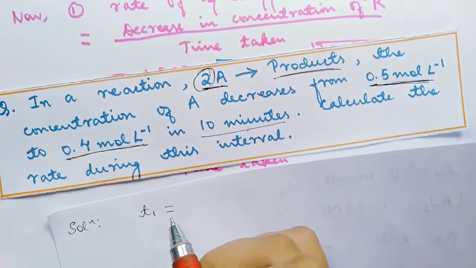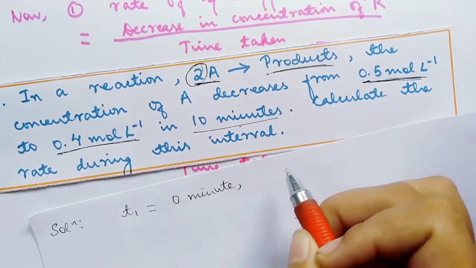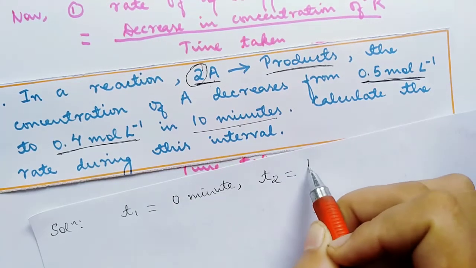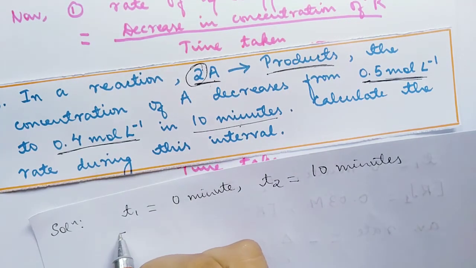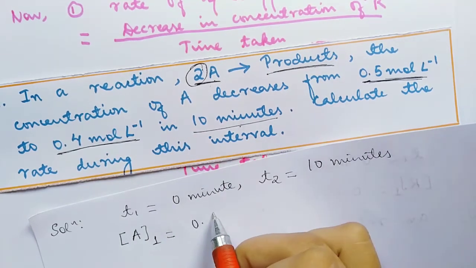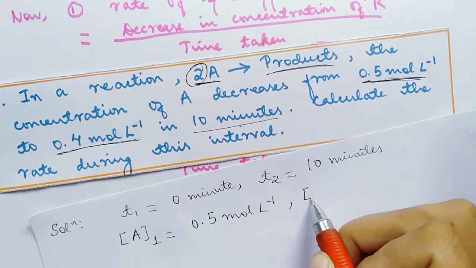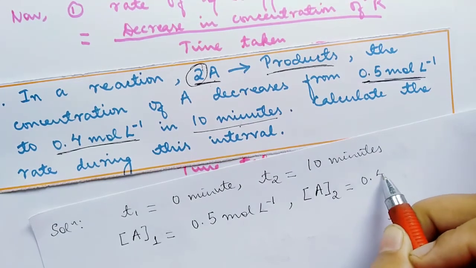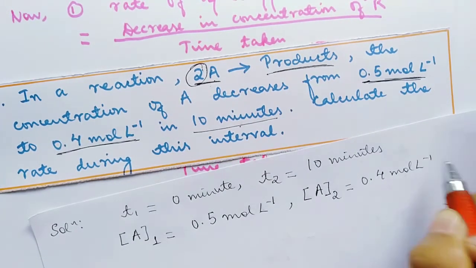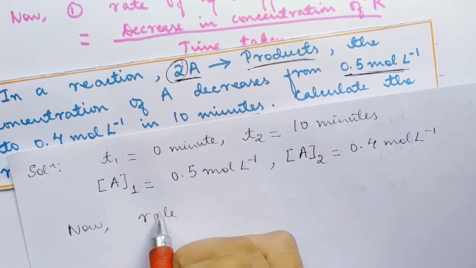T1 is 0 minute. T2 is 10 minutes. Concentration of the reactant A at time T1 is equal to 0.5 mole liter inverse, and concentration of the reactant A at time T2 is equal to 0.4 mole liter inverse. Now, what is the rate of the chemical reaction?